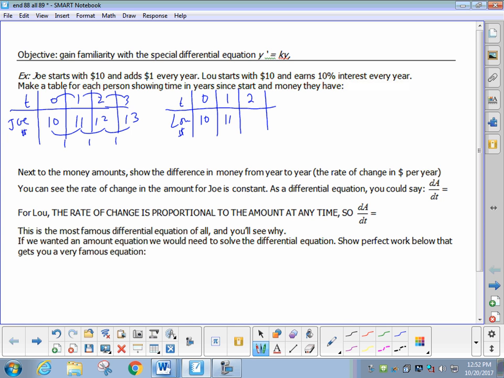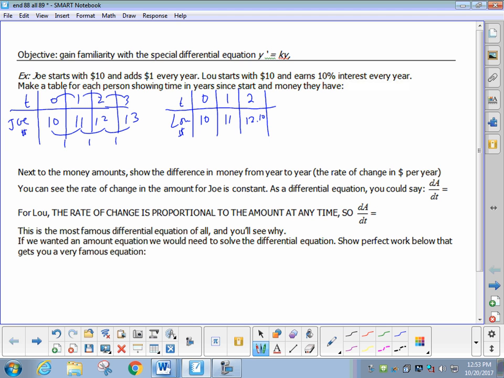At time 2, he has $12.10. Okay? And so each time, if you recall back from pre-algebra, you could find the new amount one of two ways. What's one way to find the new amount? How would you explain it to a pre-algebra kid?